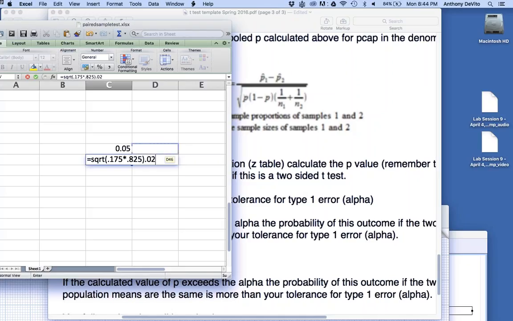And I'm going to take the square root of the whole thing, not just that. Okay, I've got to put another parenthesis here. Good. So let me see if I get something here. My standard error is equal to 0.053.